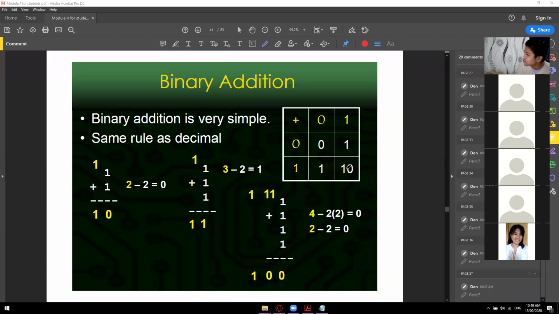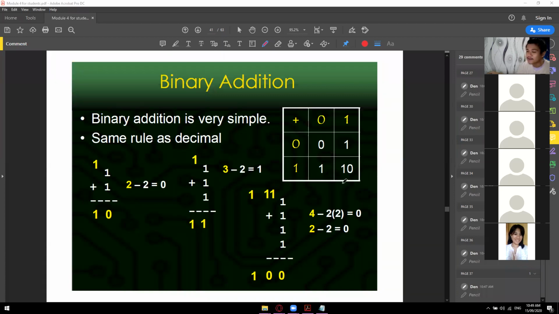Okay, magugulat kayo, pero 10 talaga ang sagot doon. 1 plus 0 is 1. 0 plus 1 is 1. So I hope wala akong na-miss. But 1 plus 1 is 10. Okay?